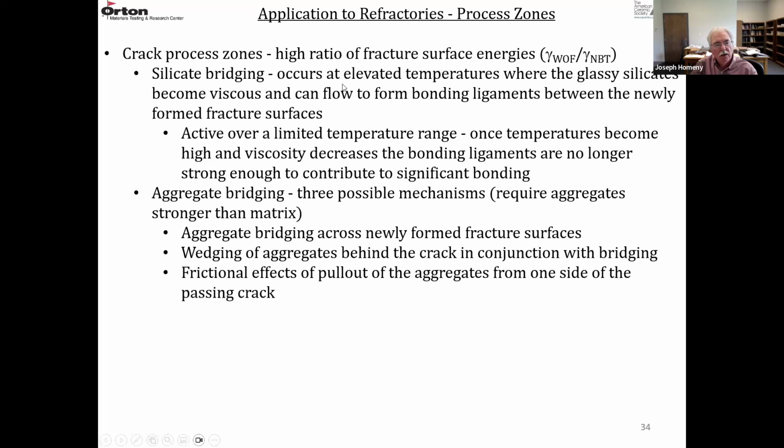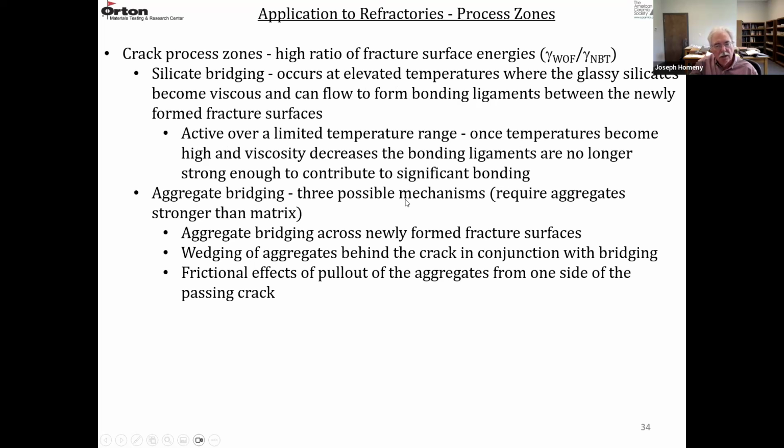Silicate bridging only occurs at elevated temperatures where the glassy silicates become viscous, they can flow, create bonding ligaments, and they're only active over a limited temperature range. Once the temperature becomes high, the viscosity decreases, the bonding ligaments are no longer strong enough to bridge the crack wake, so there's no significant bonding.